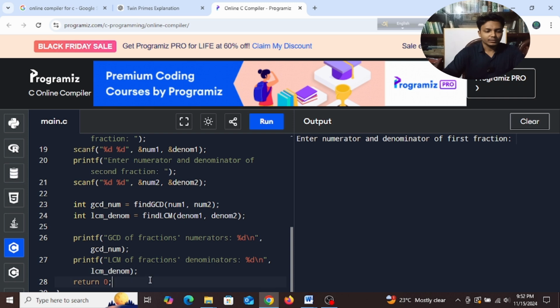So why do we actually find these? Sometimes we may compare two fractional numbers, and sometimes we may need to do it. So we need to find a common denominator.